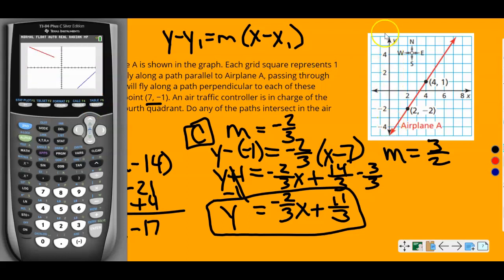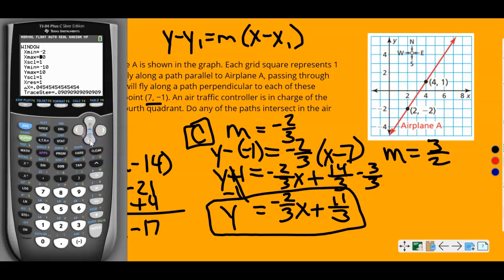If we want to change this window to look like this, we can change this over here. It looks like we need to go out more on our x's. So let's change our window a bit. We don't really need to go negative 10. Let's just go negative, say, 2.